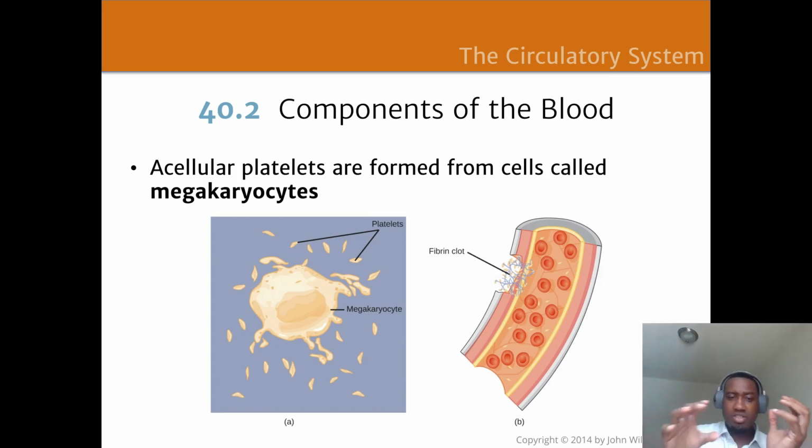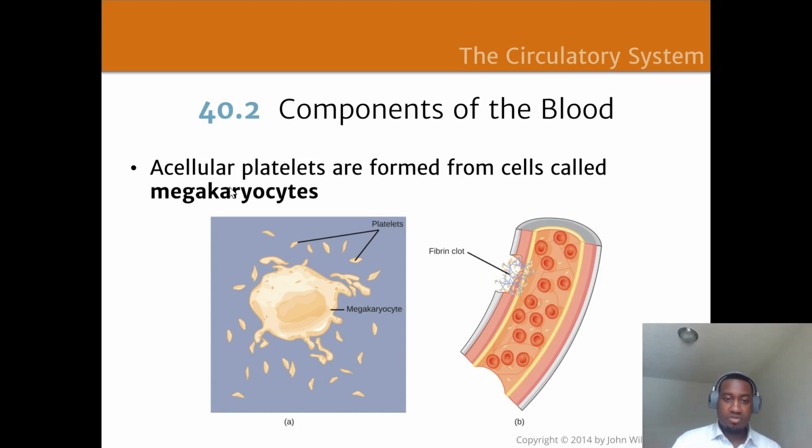These platelets shed off from the main megakaryocyte and circulate throughout your blood. Whenever you become injured, they go to that site of injury and clot, then you form a scab, and you stop bleeding. So I want you to know that platelets come from megakaryocytes. Megakaryocytes are basically the precursors of platelets.